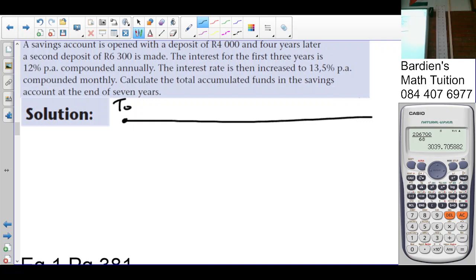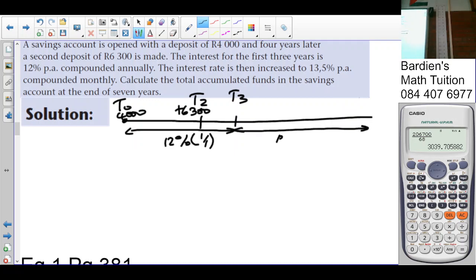Your initial deposit is 4,000 Rand. 4 years later, a second deposit of 6,300 is added. The interest for the first 3 years, so T3, is 12% per annum compounded annually. The interest rate is then increased to 13.5% per annum compounded monthly.